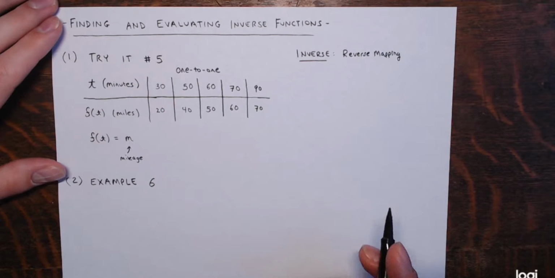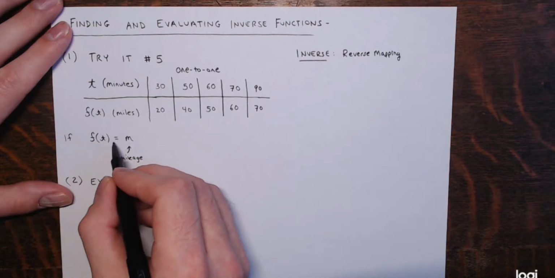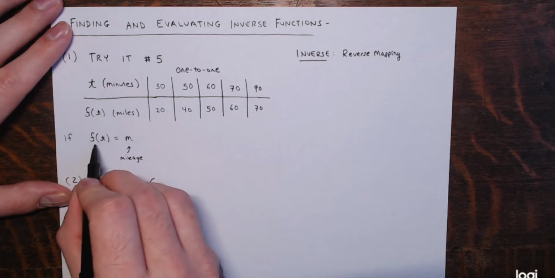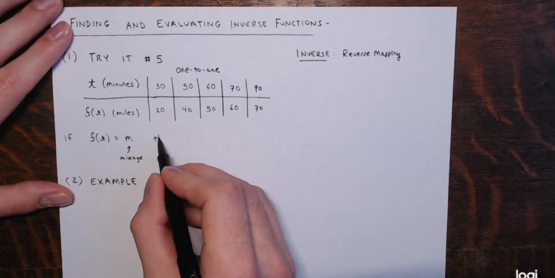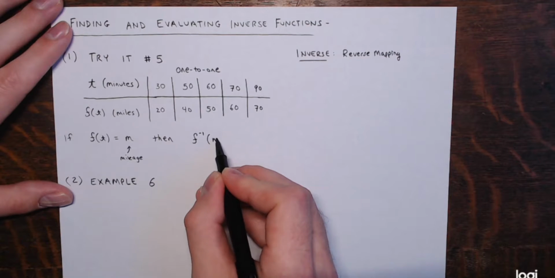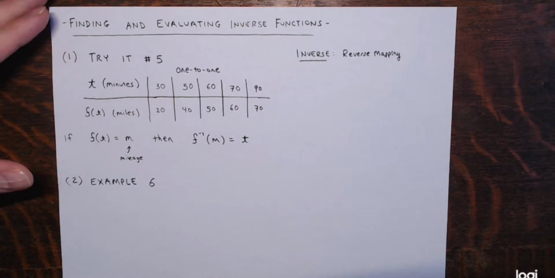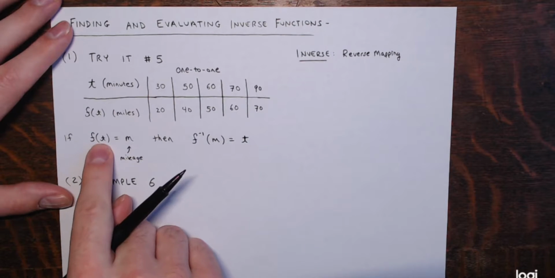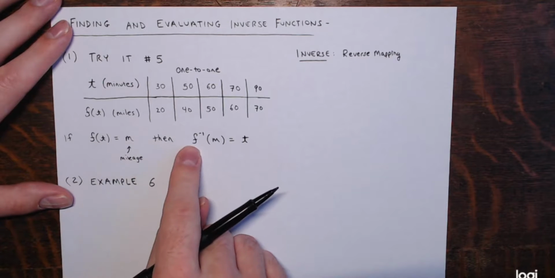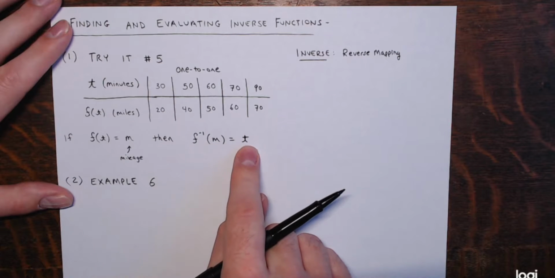So if f of t equals m, if my input is time and output is mileage in this function f, then f inverse takes mileages to times. So if f takes an input of time to an output of mileage, then f inverse will reverse that. It'll take an input of mileage and output a time.